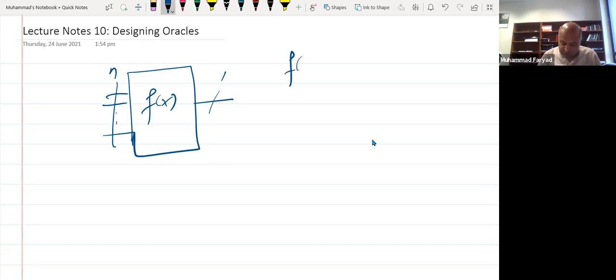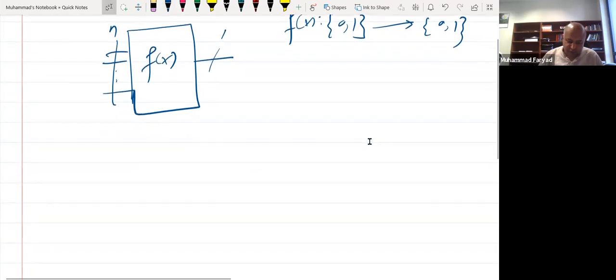So for example, there is an f of x which takes an n-bit string input, but gives at output either 0 or 1. So there could be a lot of functions that you can define in this way. The starting point of an oracle is implementation of this function. Most of the time, we are interested in oracles of two types.